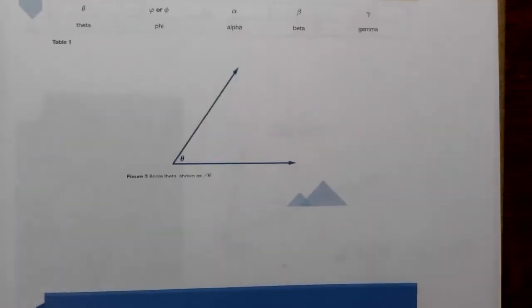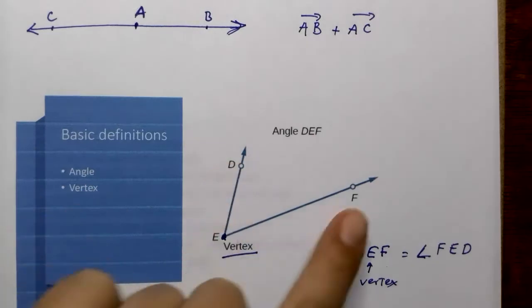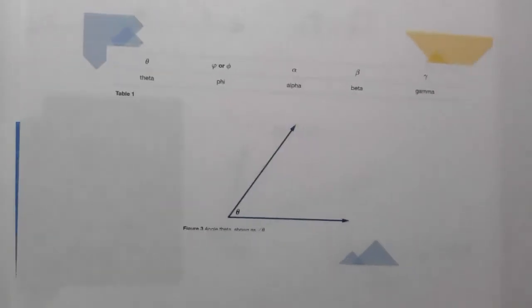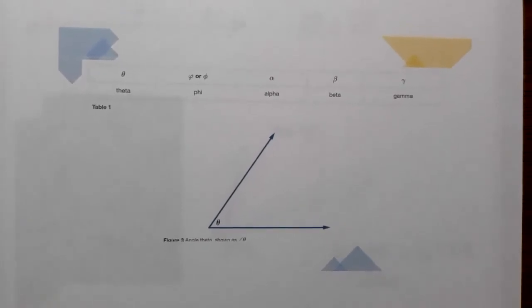Now, it is not always convenient to use three letters to identify an angle. Another common way to identify angles is to put a Greek letter inside that angle.